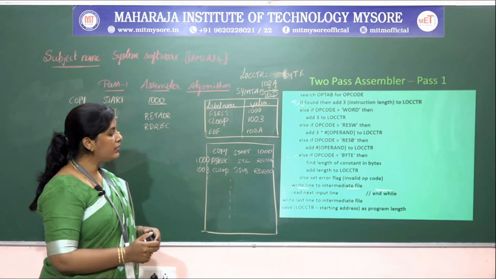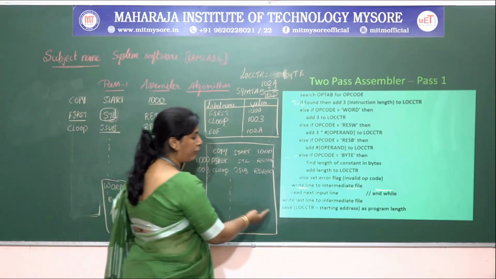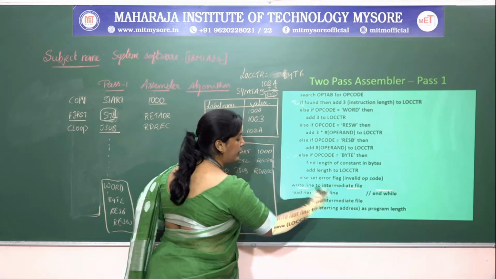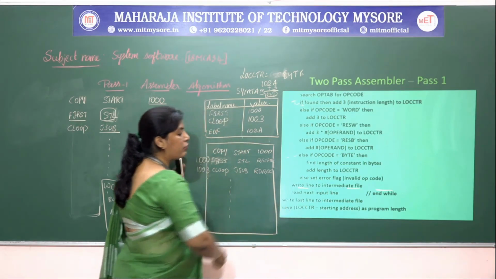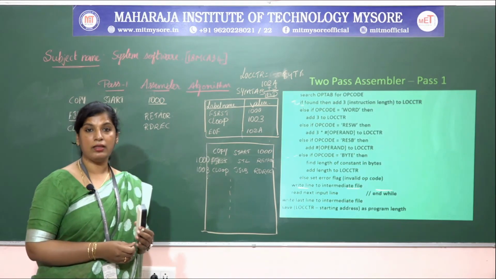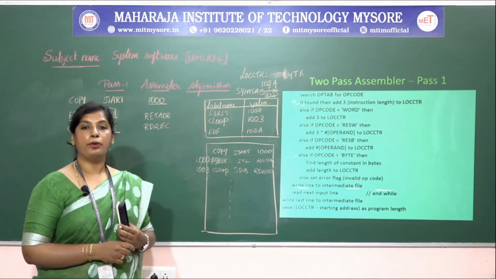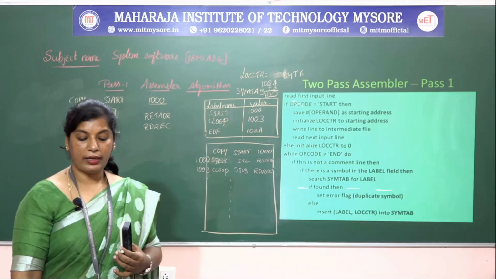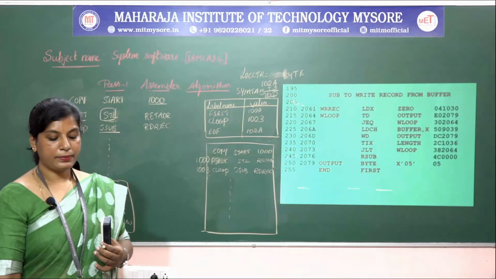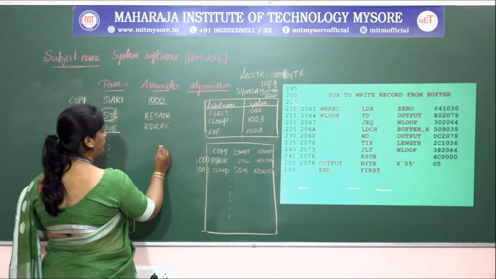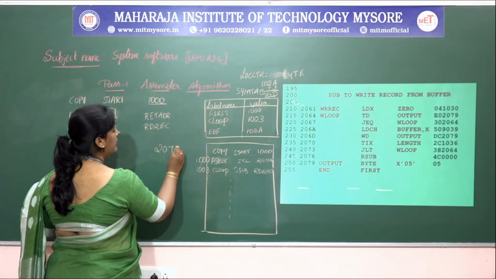Once it encounters the END, it comes out of the loop. Then it writes the last line to the intermediate file. Finally, it saves the location counter value minus the starting address as the program length. In that program, you can observe that the location counter value for the last instruction is 2079.